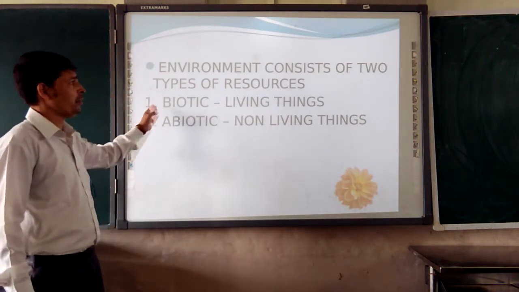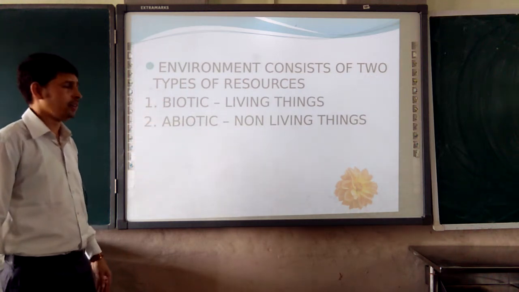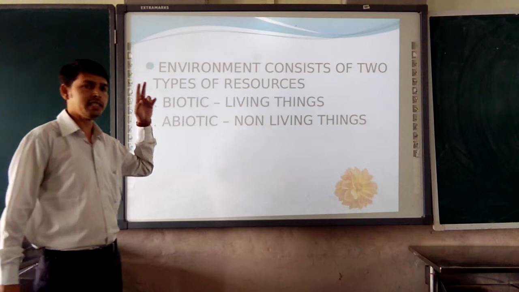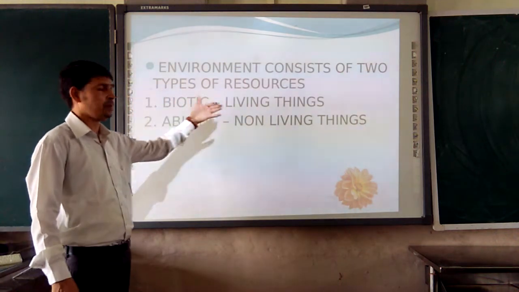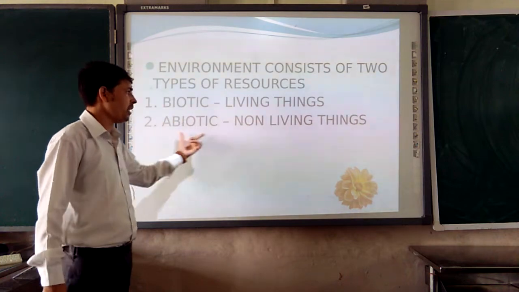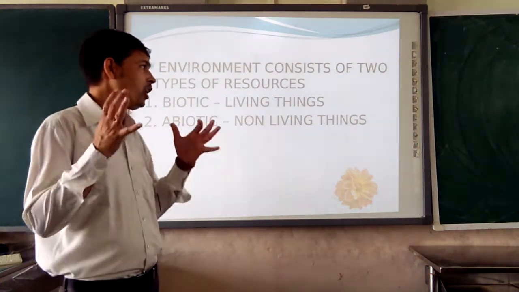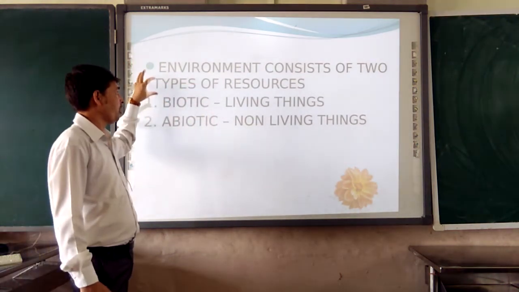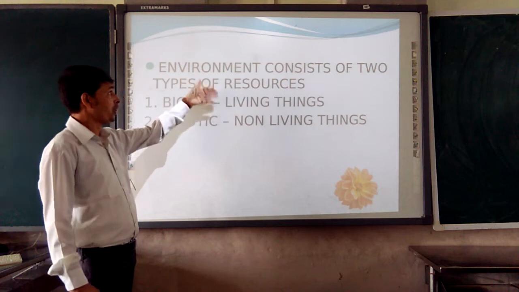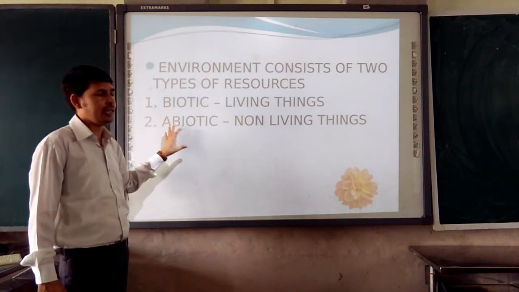Next, environment consists of two types of resources: biotic and abiotic. Already we have discussed in the second presentation the meaning of biotic, that means the living things. Abiotic means non-living things. So slowly, step by step, we are seeing the types of resources included in the environment, biotic and abiotic.